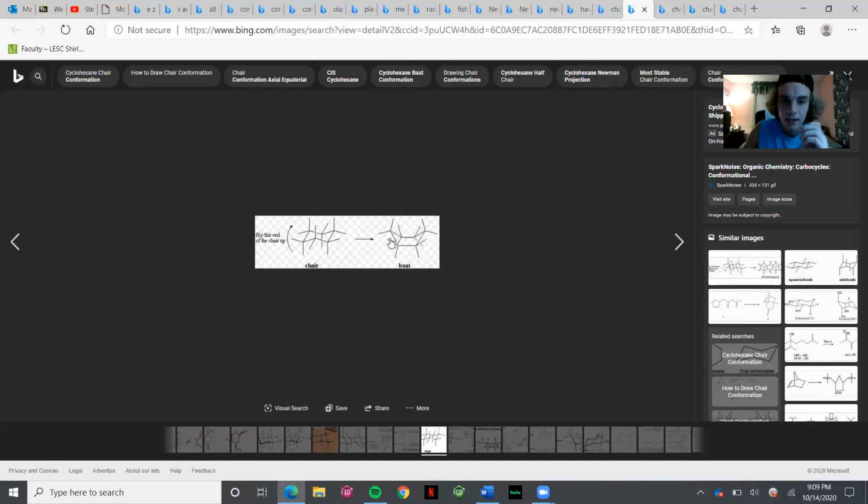So when you flip, notice that you don't have exact axial anymore within the boat conformation. You have a bunch of more random angles, which is why the chair conformation is usually the more preferred.